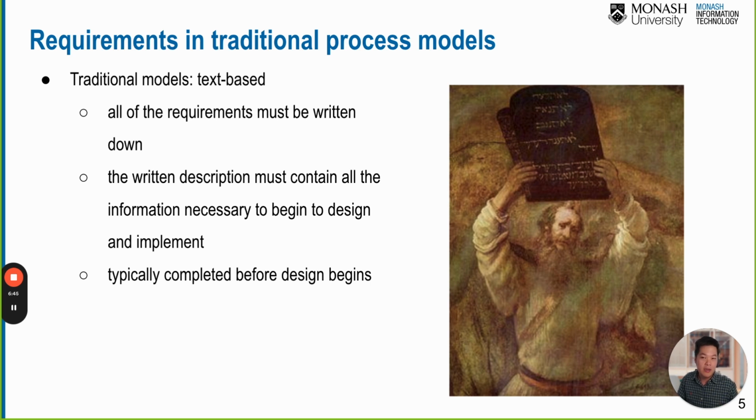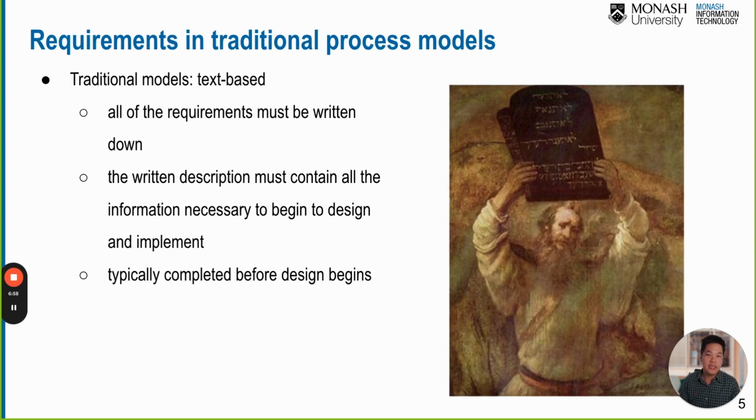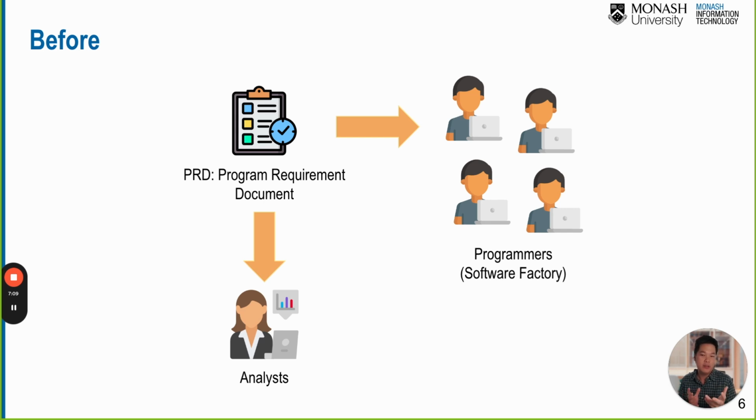So that's why the modern requirement engineering process is totally different from the traditional one. In the past, when you used the waterfall model, you had the requirement document, the requirement specification, as an agreement or a contract. It is something in the middle, the document that communicates between the business analyst and the software engineers.